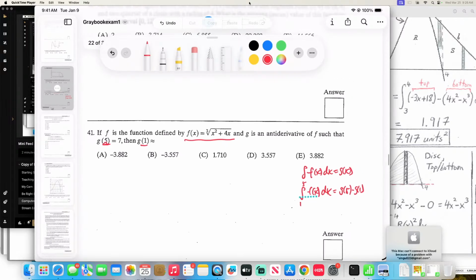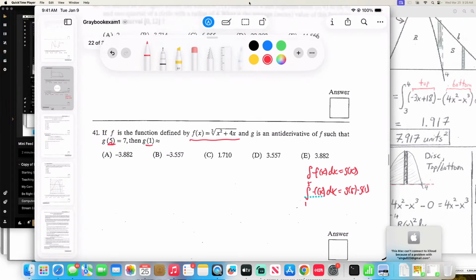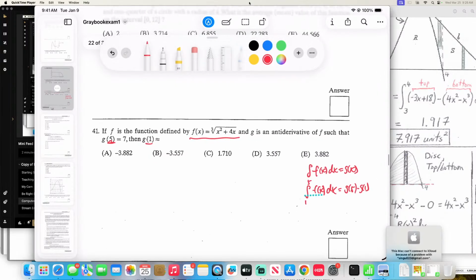Then I'm going to go in and say, we want to find out what g of 1 is. So I'm going to solve for g of 1, which is equal to g of 5 minus the integral from 1 to 5 of the cube root of x squared plus 4x. Now you're going to say, how do I do it?